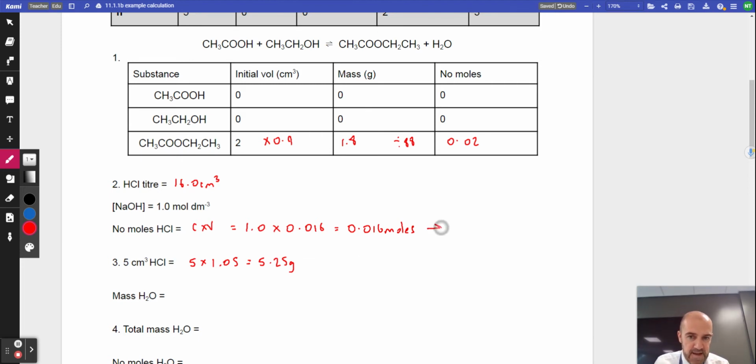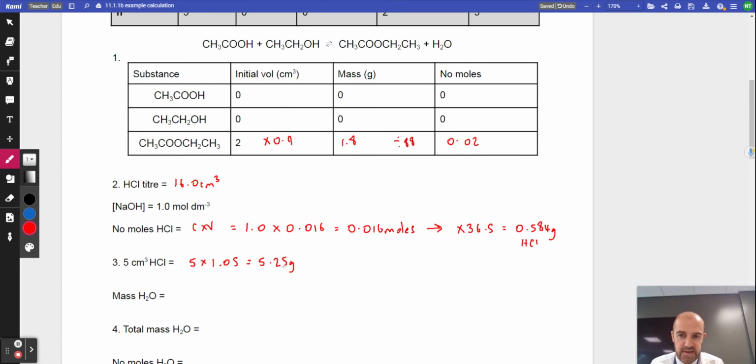We need to get a mass of HCl here. So to change this into a mass, I'm going to multiply that by 36.5, which gives me a mass of 0.584 grams. That is the mass of the HCl dissolved in the acid.